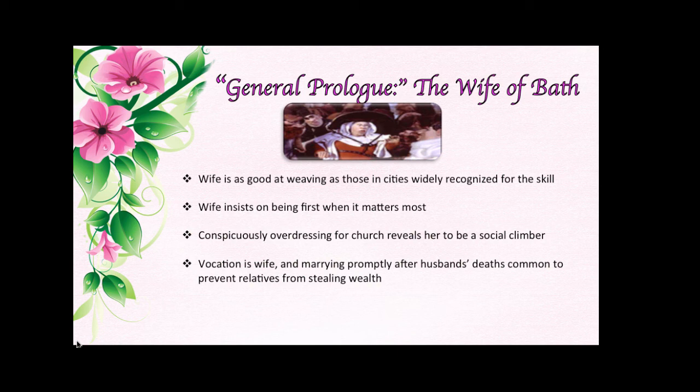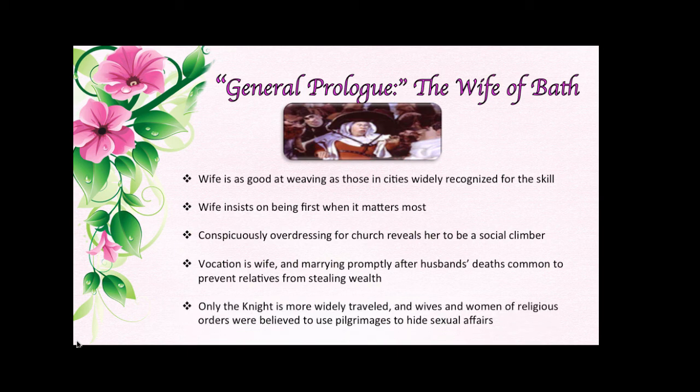So remarrying after a woman is widowed was not all that uncommon, just as it's not today. But Chaucer makes it clear, even in the General Prologue, that the Wife's main interest in being married is sexual as well as anything having to do with finances.